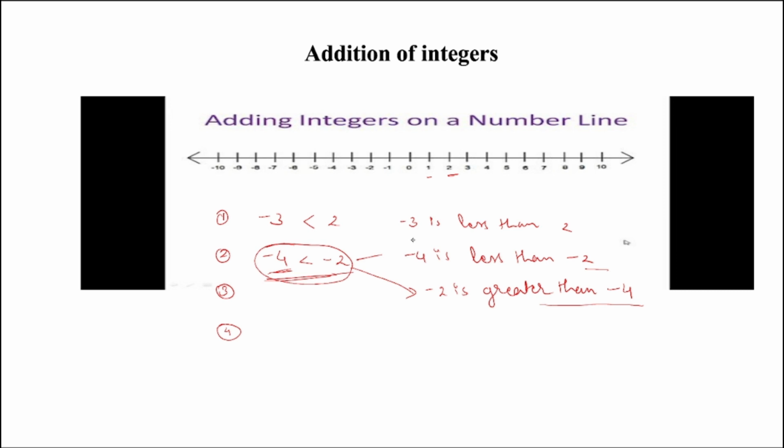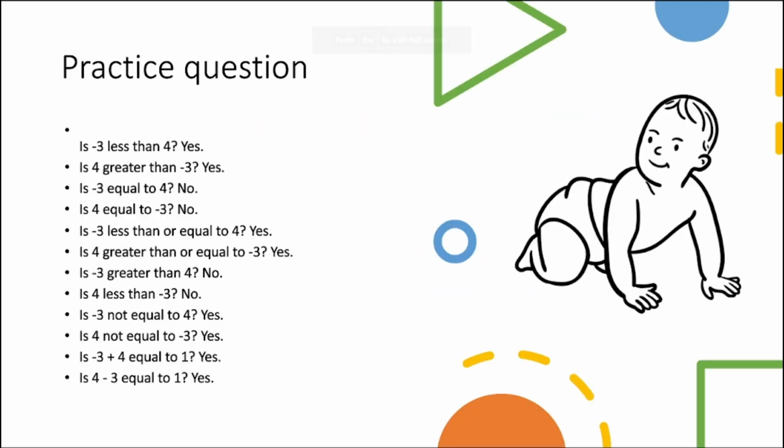Now what will we do here about adding integers? Here we will study integer problems. The first question is: is -3 less than 4? We can work it out on our number line.